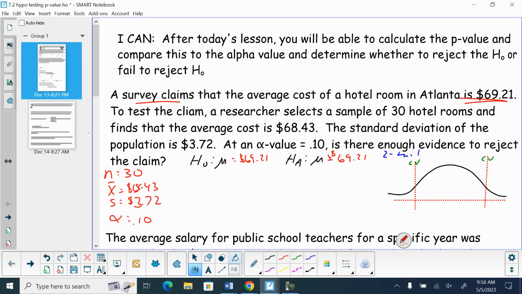Critical values are what? 1.65 and negative 1.65.